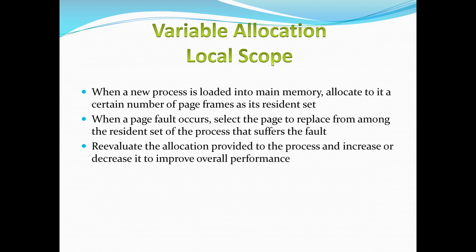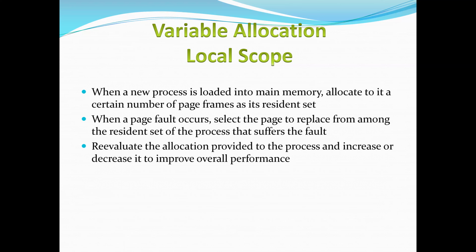And we have the variable allocation, local scope. And here we say that the variable allocation, local scope strategy normally attempts to overcome the problems with the global scope strategy. This can be summarized as follows. When a process is loaded into main memory, allocate to it a certain number of page frames as its resident set, based on application type, the program request, or other criteria.